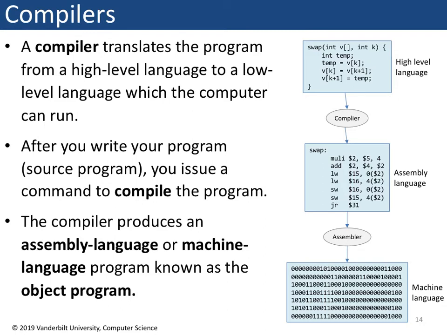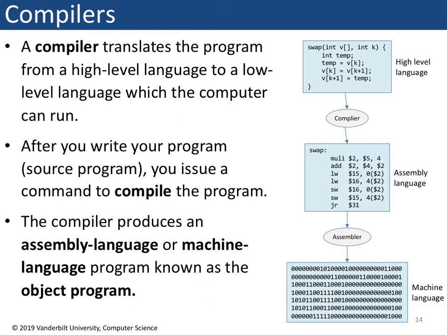So we have a program which has been written down in Java, and then we have a Java compiler which takes in the Java code and produces something that is more understandable by the computer.